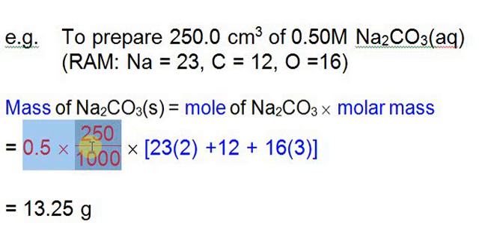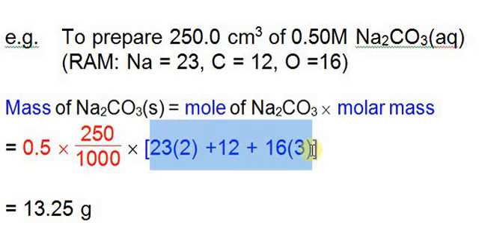And then these two values give the number of mole. And this one is about the molar mass of Na2CO3. So we multiply 23 by 2 because there are 2 sodium, and then 1 carbon, 12, and then 3 oxygen. And you get the mass, which is equal to 13.25 gram.